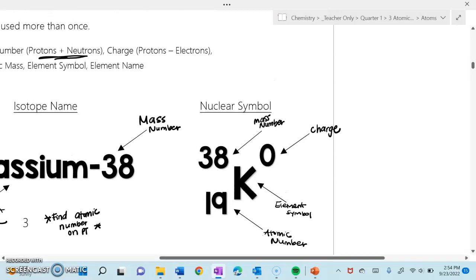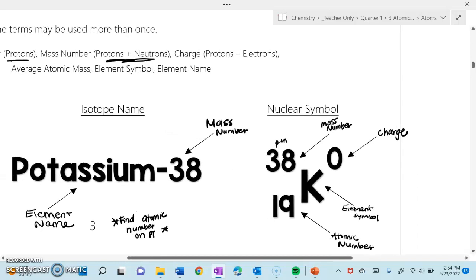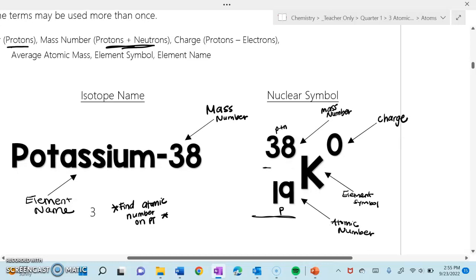These are just different ways that we can read the atom's information in a few different formats. Remember that the mass number is protons plus neutrons. So this number up here is protons and neutrons. This number down here is the atomic number. It's just protons. If I wanted to find the neutrons, I could subtract these 2 numbers from each other. 39 minus 19 would give me the number of neutrons, the rest of the mass that is not protons.